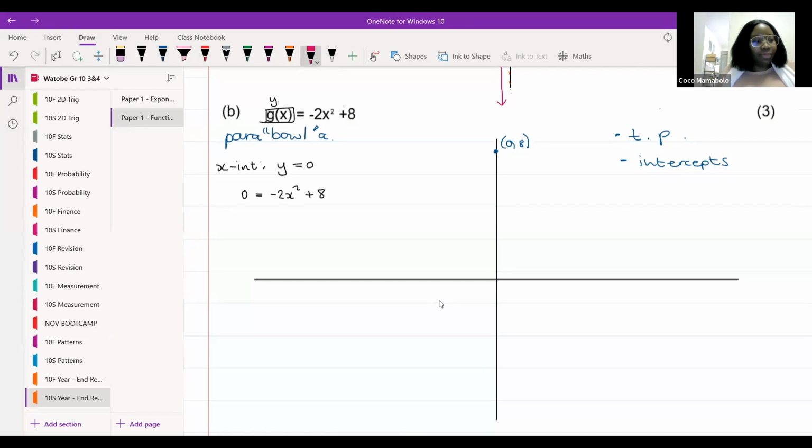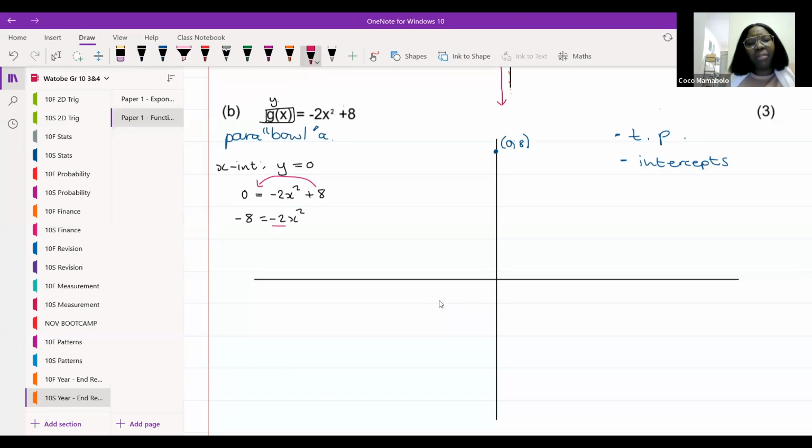Okay. Tell me what to do next. We move the 8 to the other side, which is going to make it negative 8. So I'm going to have negative 8 is equal to negative 2x squared. What's my next move? Don't we divide it by negative 2?